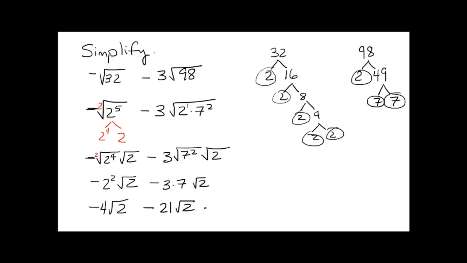Okay, so now we see that since we've simplified the radicals, we actually do have like radicals. Same index, 2, they're both square roots, and same radicand, 2 in this case. So what do we do?